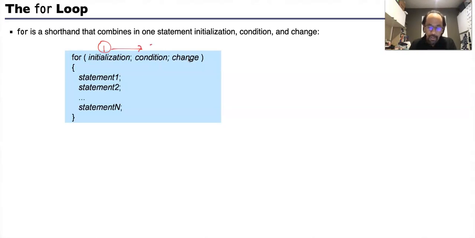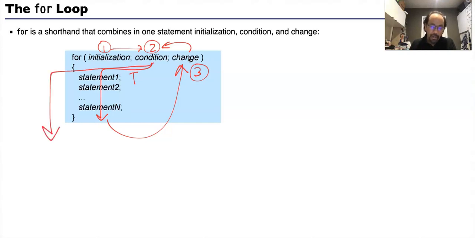Then step 2, we evaluate the condition. If it is true, we execute all the different statements. Then we execute the change expression and go back to step 2, and this is our loop. Eventually, the condition will be false, and then we exit out of the loop.